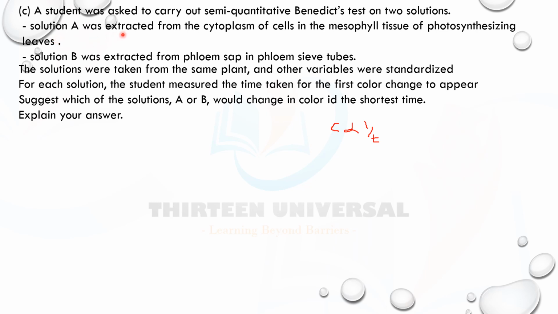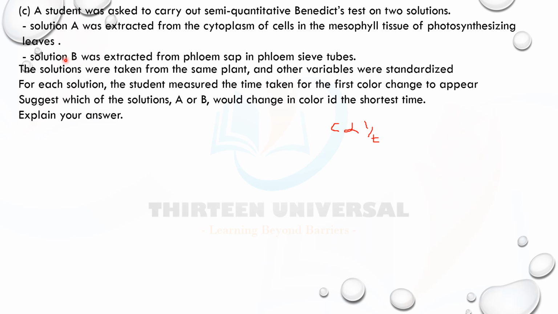So the person argues that A has more starch and less reducing sugar. B will of course have sucrose, a non-reducing sugar, but it will also have reducing sugars. And if you hydrolyze sucrose in solution B, you have more monosaccharides, reducing sugars.